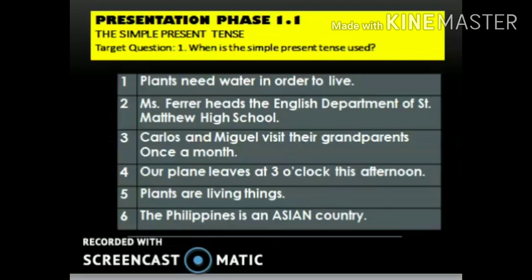Can you formulate the pattern in constructing sentences in the simple present tense when we are expressing present conditions? If the subject is singular, use the singular verb to be, which is is. If the subject is plural, use the plural verb to be, which is are.